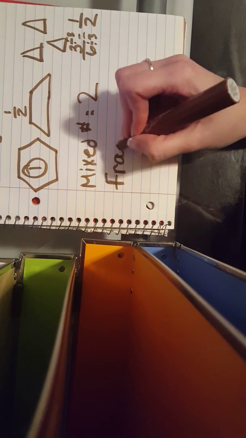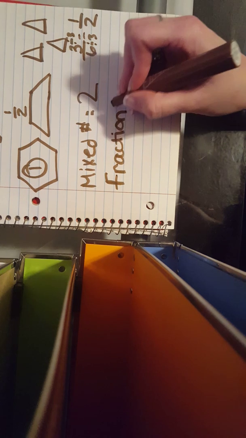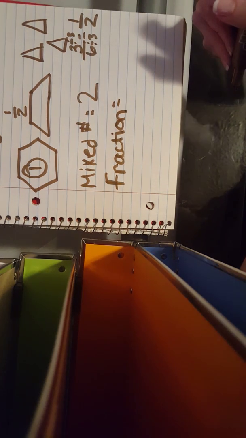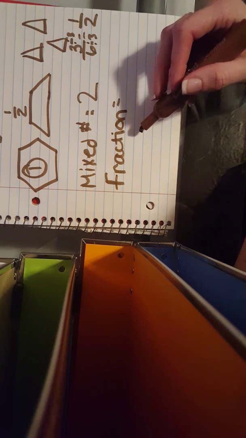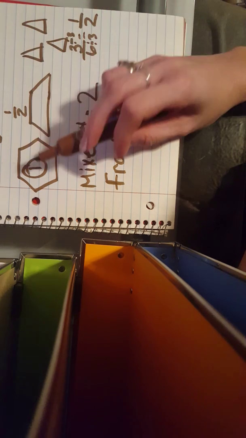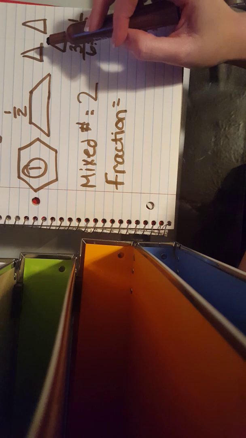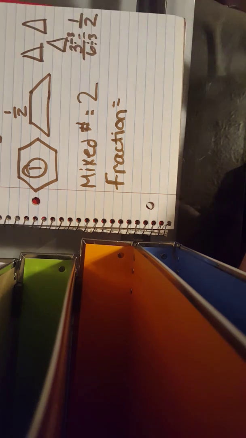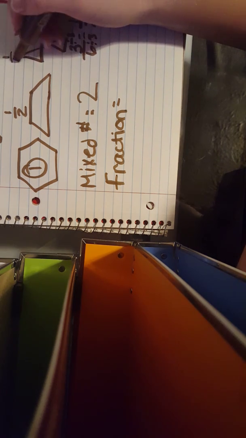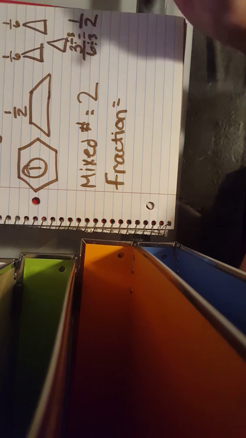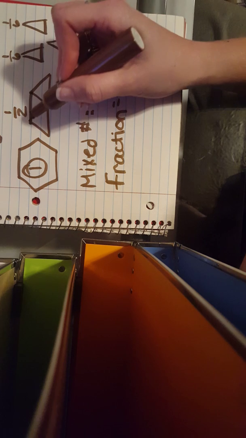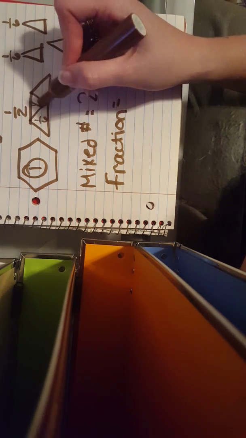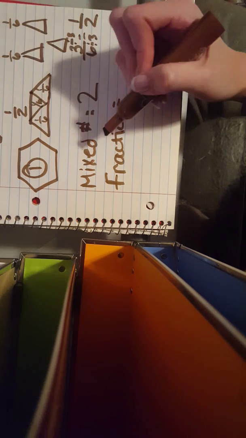Now we have to think about what our fraction is. Remember what I just said. To find your fraction, you should split up your pieces into the smallest fraction shape. My smallest fraction shape are my 1/6 pieces. So I'm going to say that this is now broken into 1/6, 1/6, and 1/6.